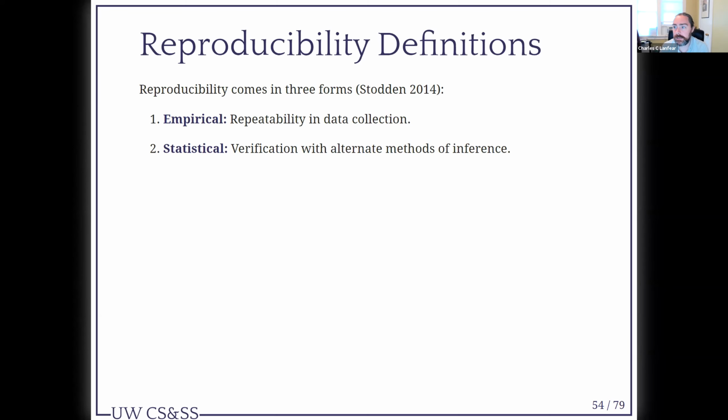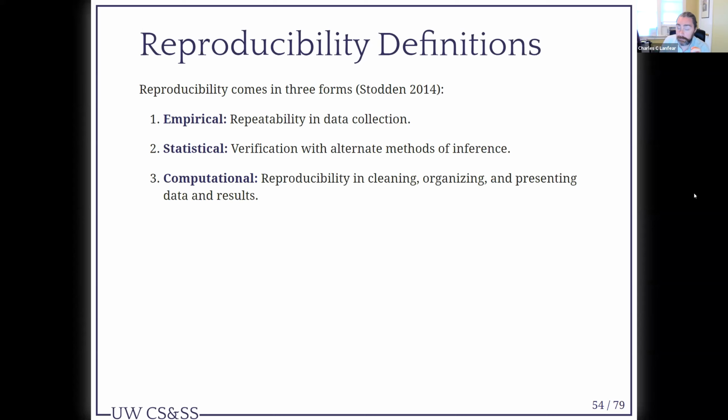Statistical reproducibility means your results would be reproduced using alternate methods of inference, but on the exact same data. So I would get the same result if I'm not changing the variables or the data, but rather I just change the estimator or something like that. I would be able to reproduce it, supposing it's the correct estimator.